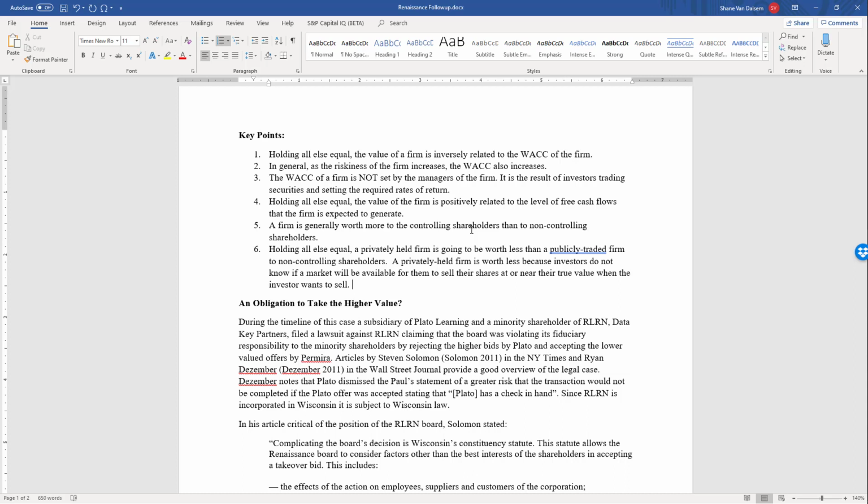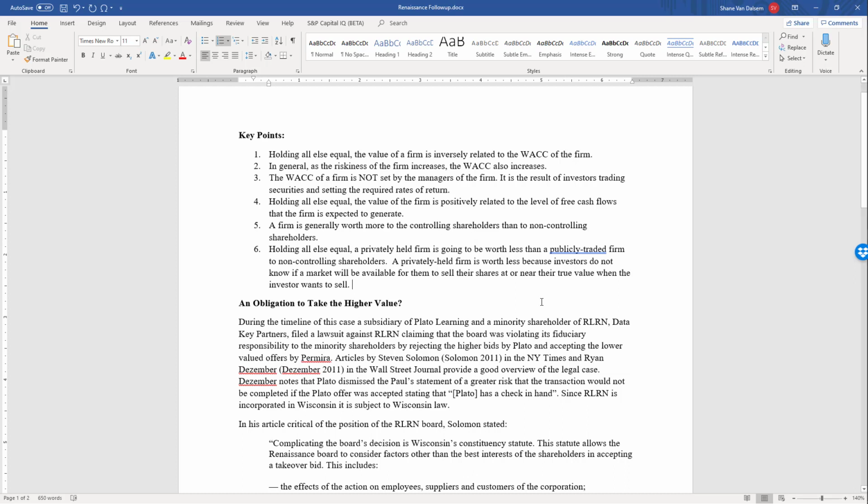So we've got this situation where you've got Renaissance Learning, and you've got two companies interested. They kind of initiated the discussion with Permira because, and we're going to talk about why they wanted to sell, they wanted to sell the firm. The Pauls did. And then Plato Learning got involved because Plato is a competitor.